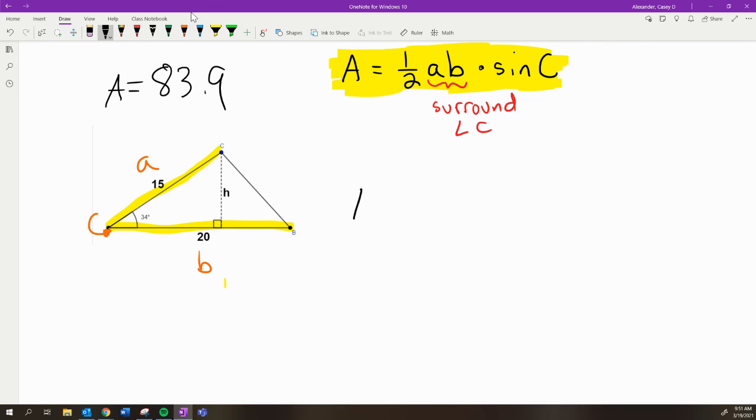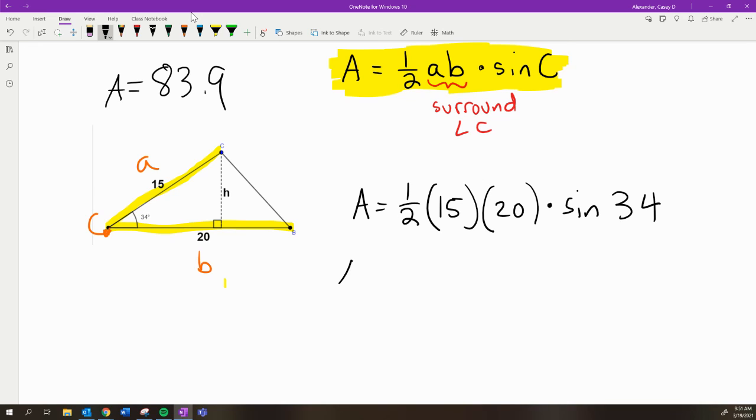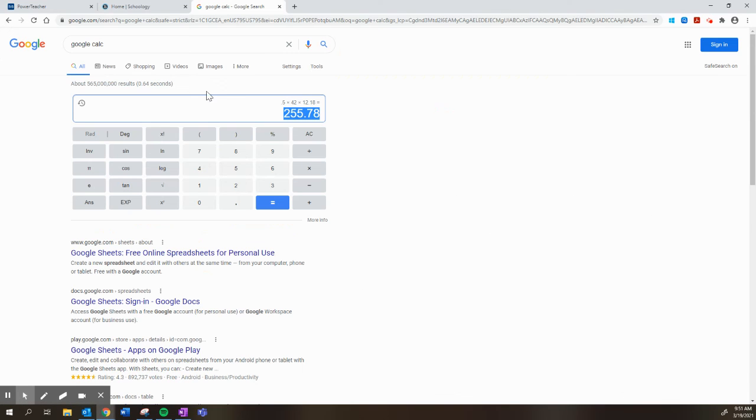So that means that really I'm just repeating what I did before. 1/2 times one side, 15, times the other side, 20, times the sine of the angle that's in between them. And hopefully we're going to get 83.9. Let's check it on the calculator.